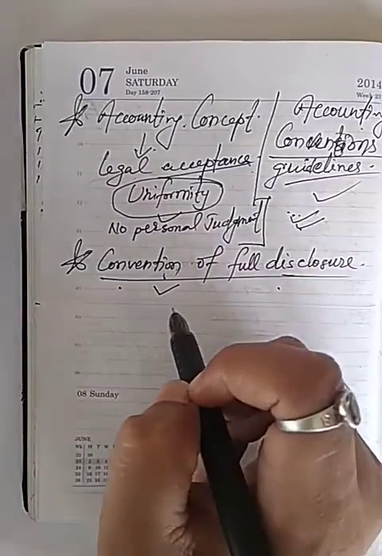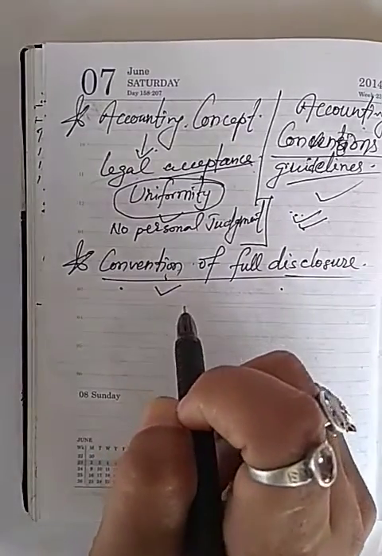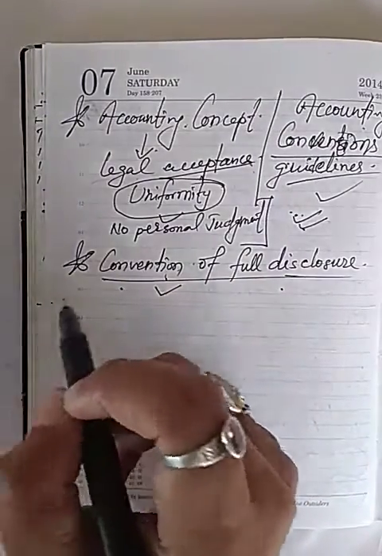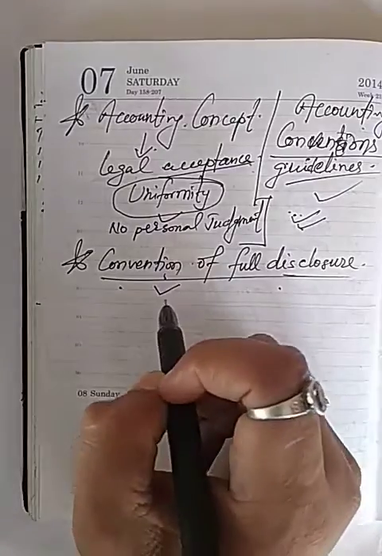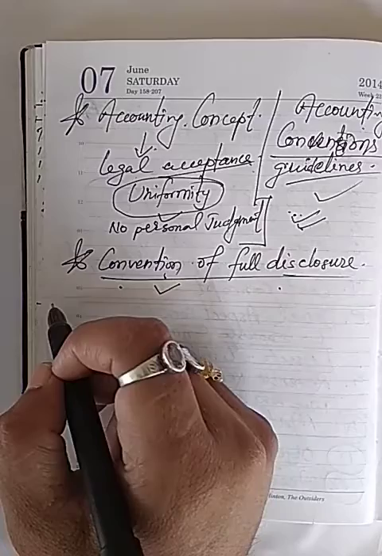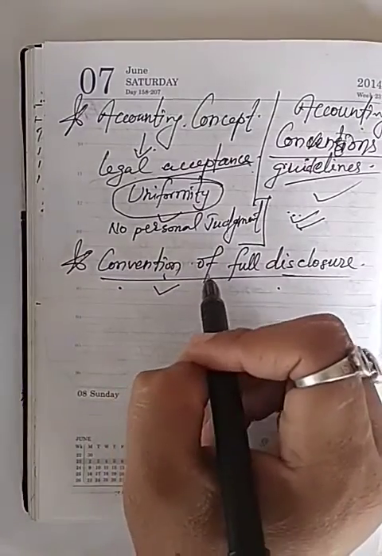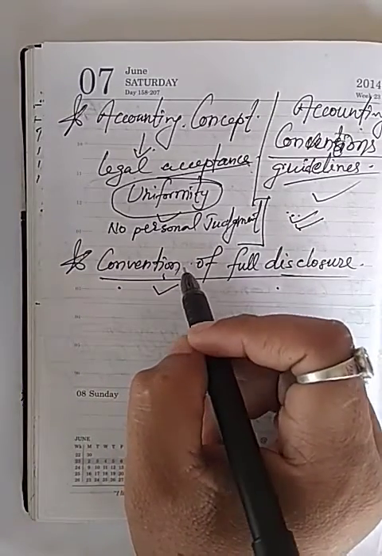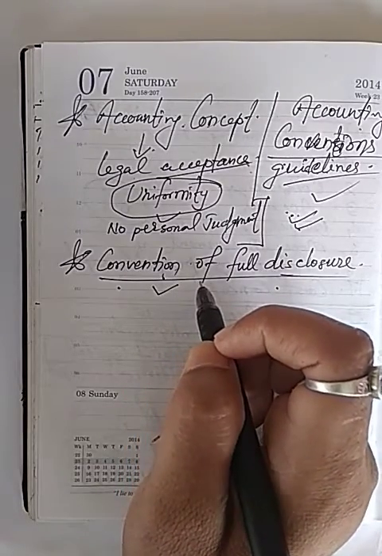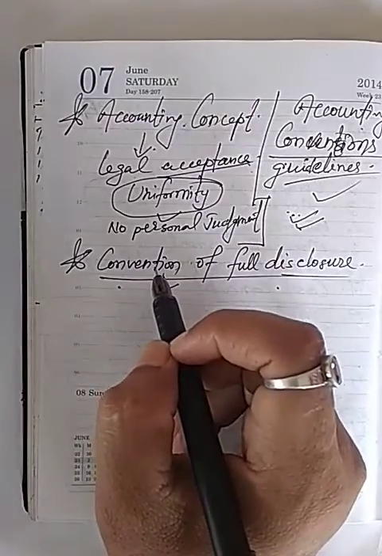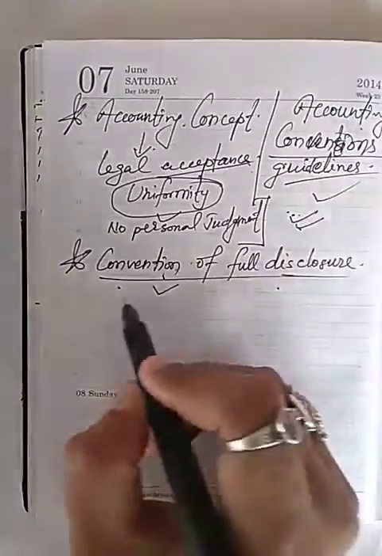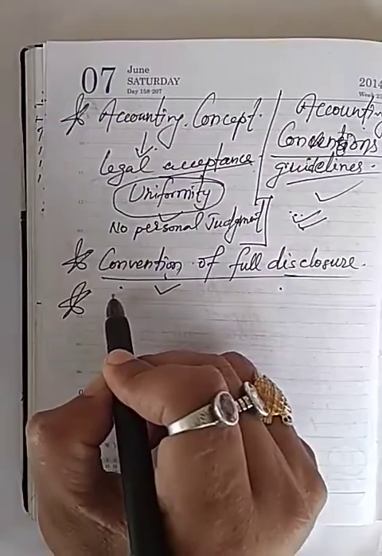Various items or facts which do not find place in the accounting statement are shown in the balance sheet by way of footnote, such as contingent liability, which should not be shown in the balance sheet, so it will be shown in a footnote.